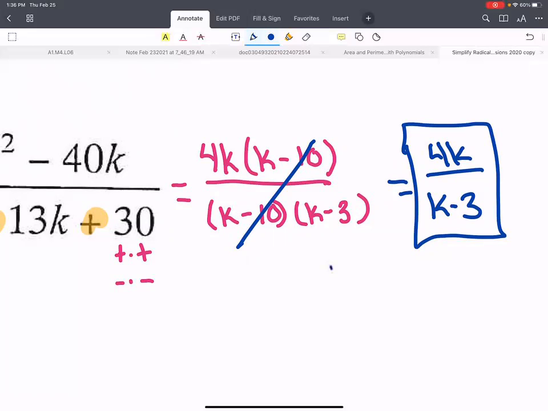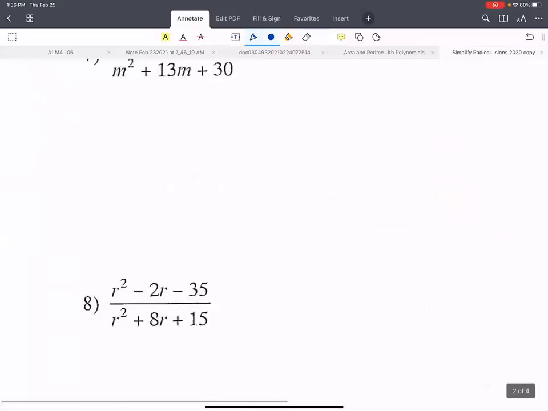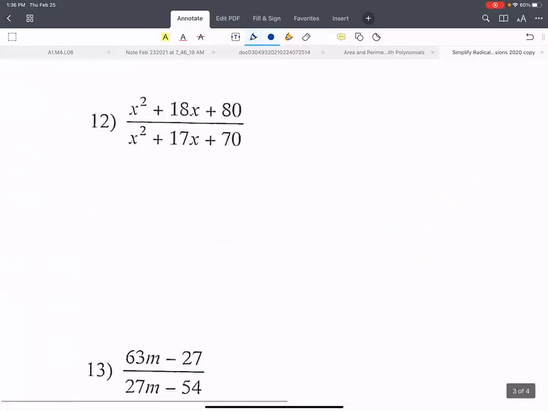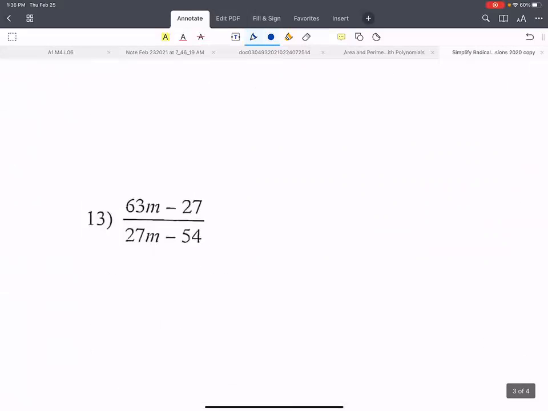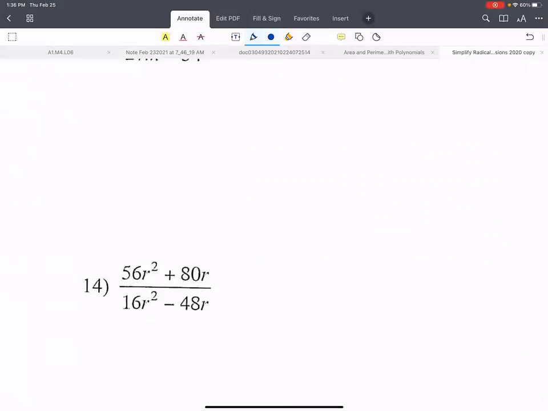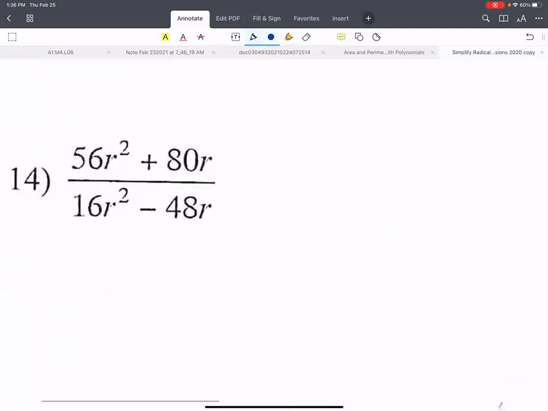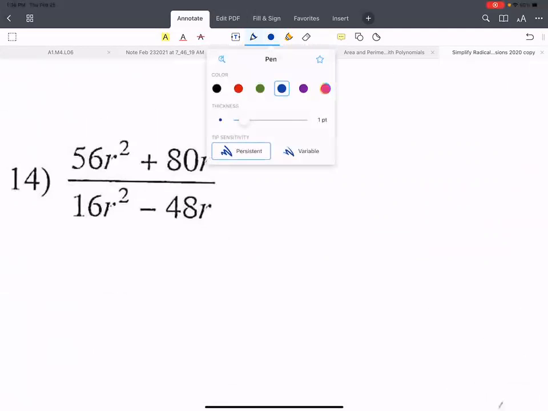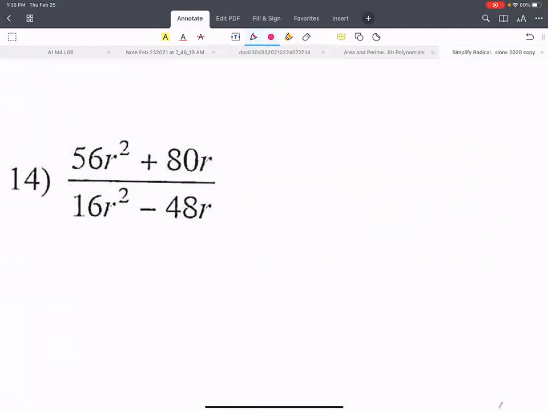Okay, I want to show you a little bit of a different problem. So we're going to flip over a couple of pages to number 14. Number 14. And if you don't have a calculator, now might be a good time to get a calculator. A graphing calculator.